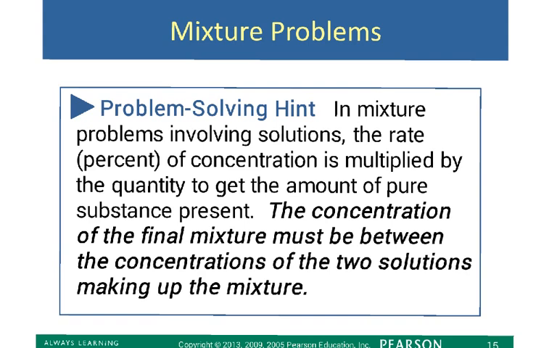So say I have a 5% solution and I'm mixing it with a 15% solution. Well, it's not going to be any greater than 15, and it's not going to be any less than 5 whenever I mix those two solutions together. It's going to be somewhere between 5 and 15. That's what the hint is saying.